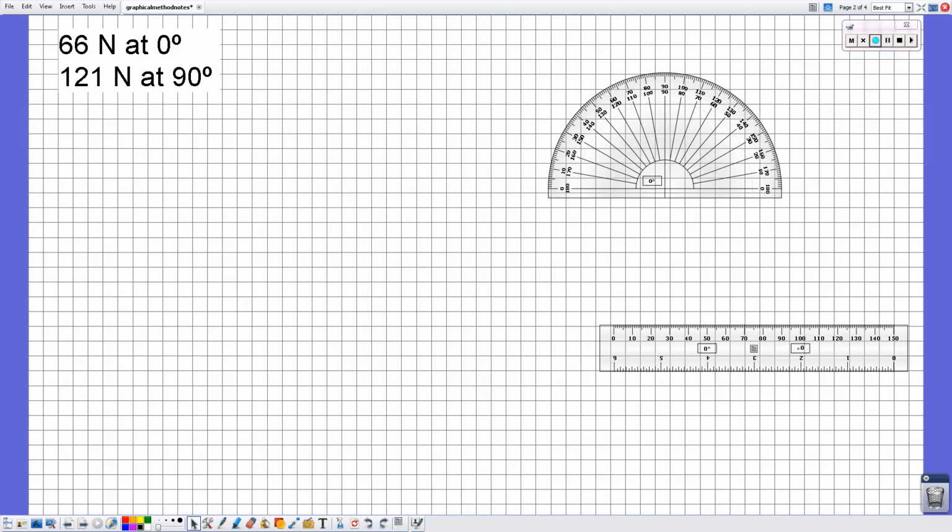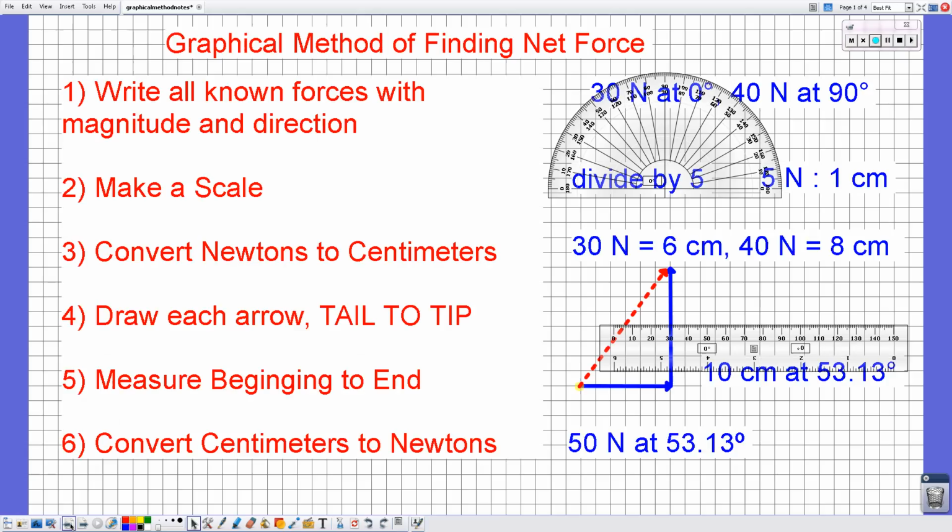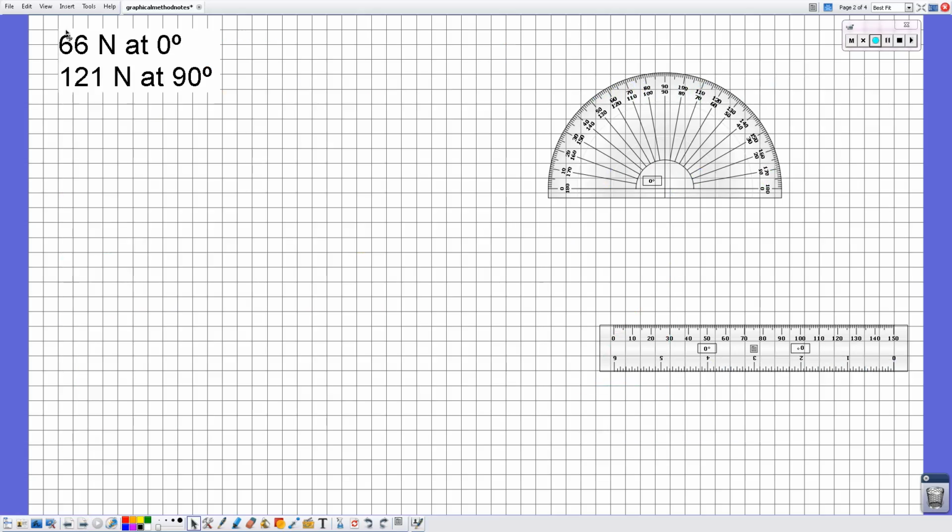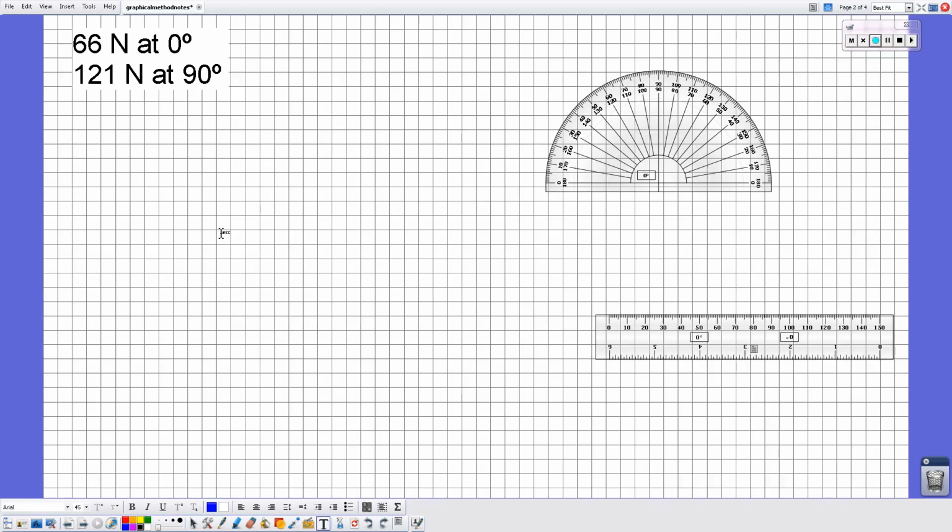Next I need to, let's see, what was step 1 again? Oh, right, write everything out. Did that. Next I need to make a scale. I'm looking at this, and you know what I'm seeing? I'm seeing that I can take 66 newtons and turn that into 6 centimeters by dividing by 11.